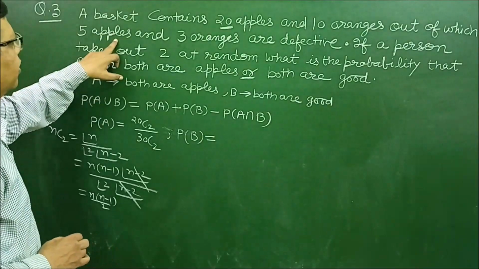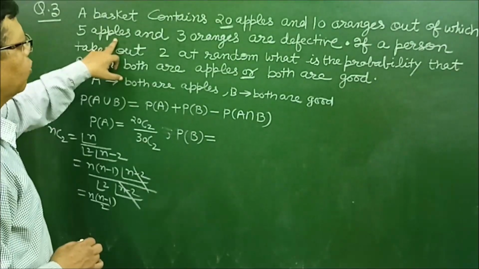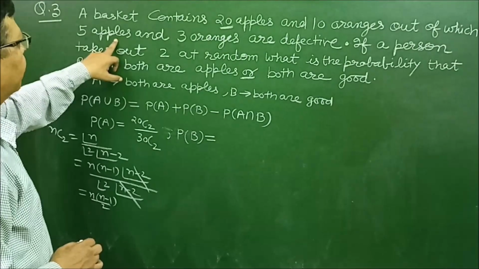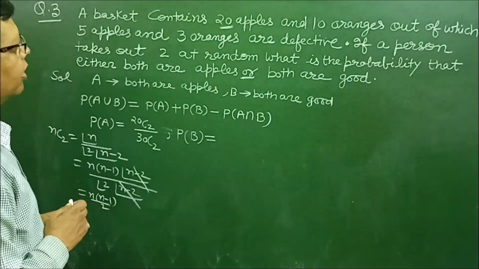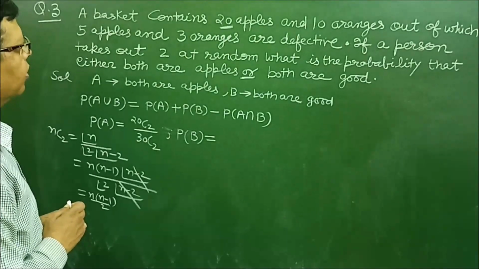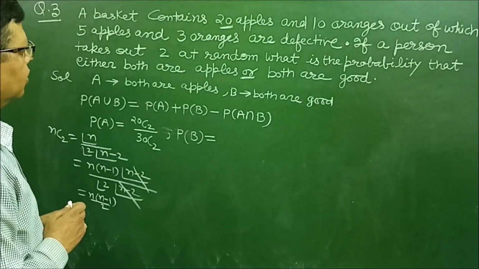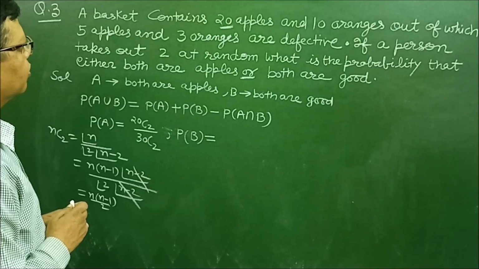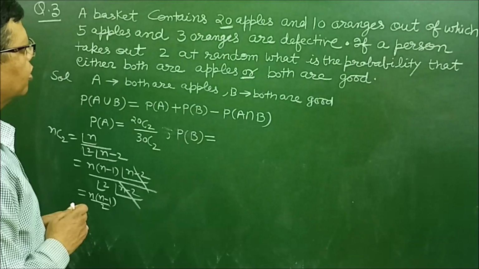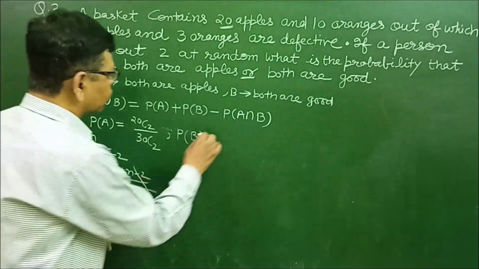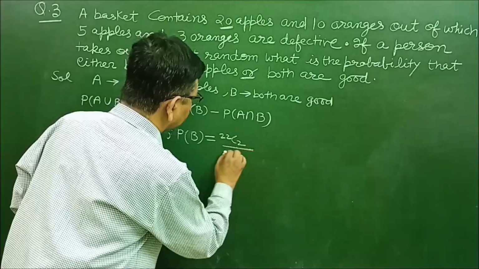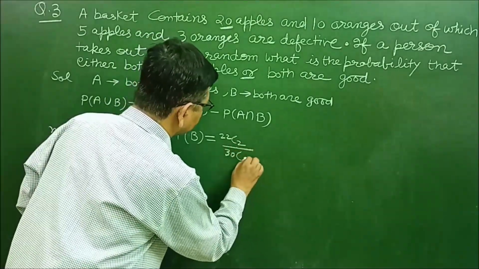So total number of good fruits is, 5 apples and 3 oranges are defective, so out of 30 fruits 8 are defective, so 22 are good. So out of 22 we need to select any 2, upon out of 30 we need to select 2.